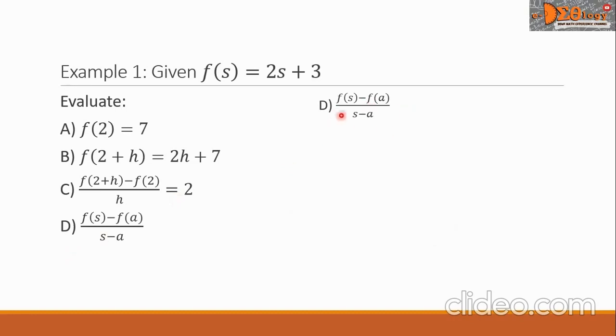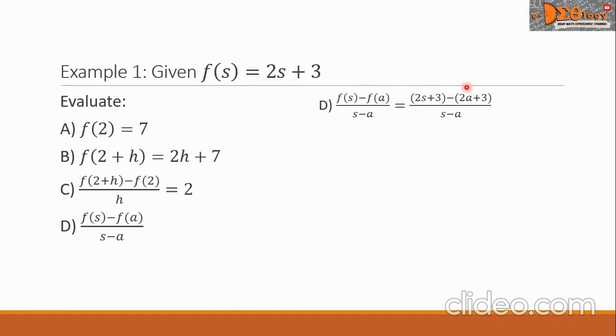The fraction is f of s minus f of a all over s minus a. The f of s is the original problem, so we can copy it here, the 2s plus 3. Then minus the f of a is this function, but instead of the s, I will copy the a.